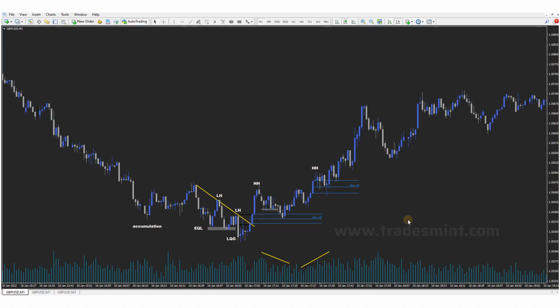This is my way. I spent a lot of hours to find this, and when you finish this part of the course, the intermediate one, then you will see that the real volume is a big advantage to find these entries easier.